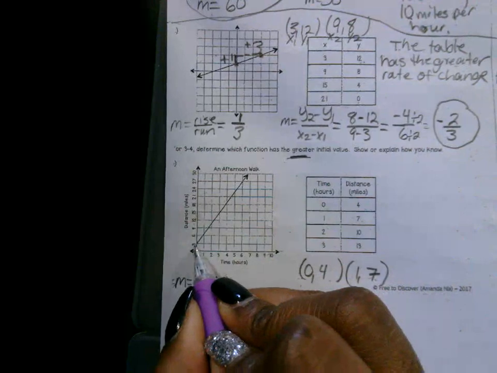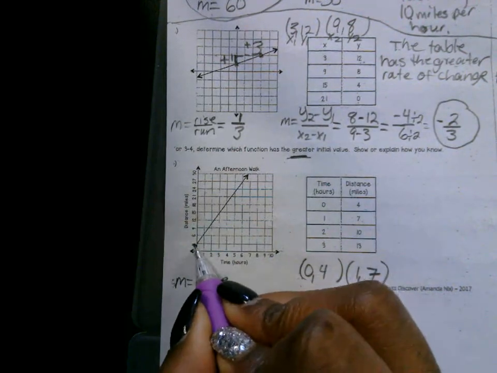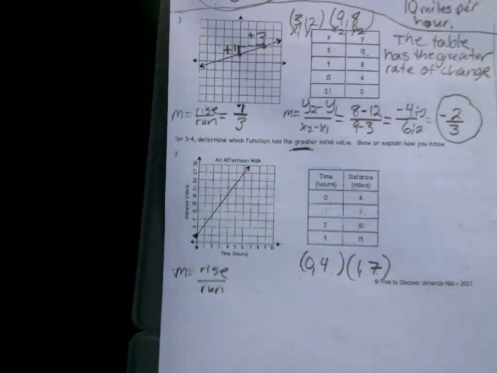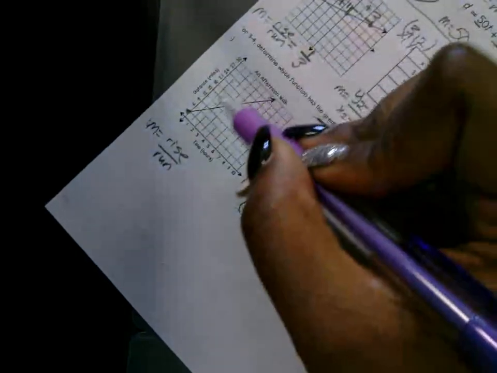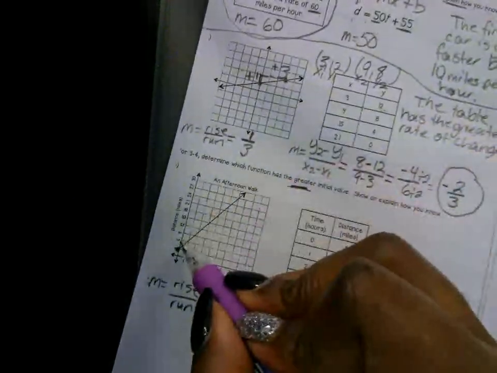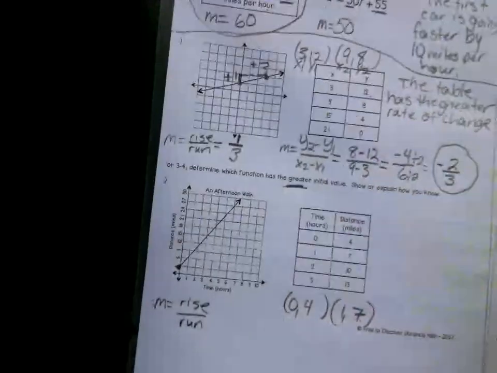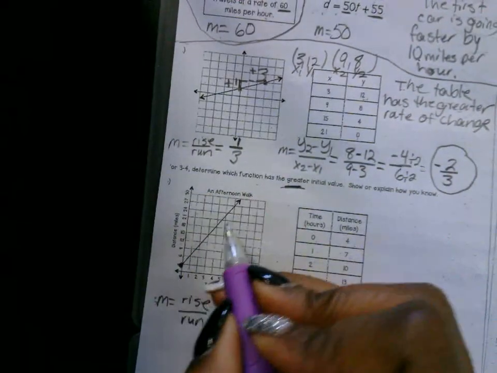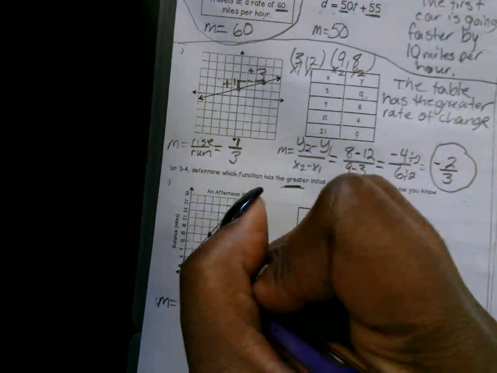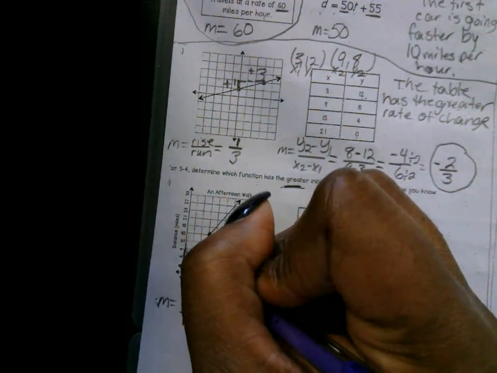Rise over run. We got this point right here. And what is it going up by? It's going up by threes, because this is 6, 9, 12, 15. So it's going up by threes. Then I'm going to choose this right here. This good point. So it's going up 1, 2, 3.